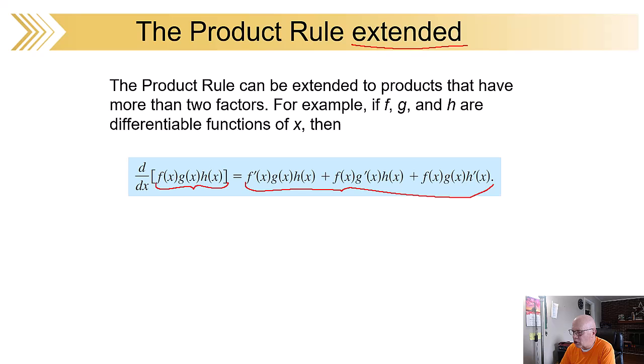The way I would do it would be, I would look at it this way. Take the derivative of, and then think of this as f of x times g of x. I'll take the derivative of that, and then I'll work with h of x later.